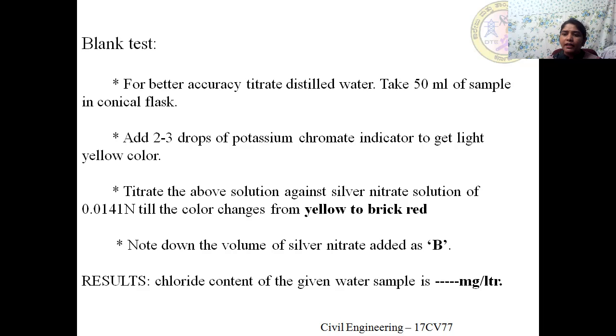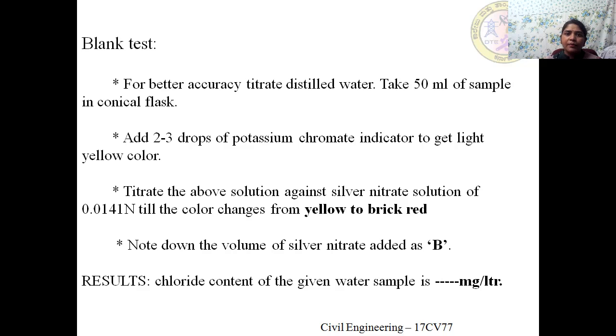Directly, you add 2 to 3 drops of potassium chromate indicator. Light yellow color appears. You note down the initial burette reading and titrate against silver nitrate of 0.0141 normality till the color changes from yellow to brick red. So our end point is yellow to brick red.